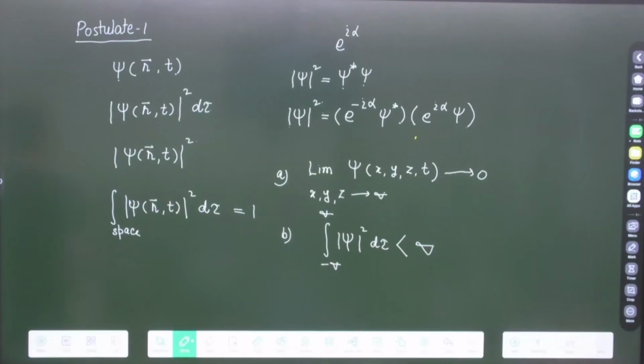Next point. All the wave functions, this is the next point, the fifth point. They were A, B, C, D, four were together, and this is the next one.